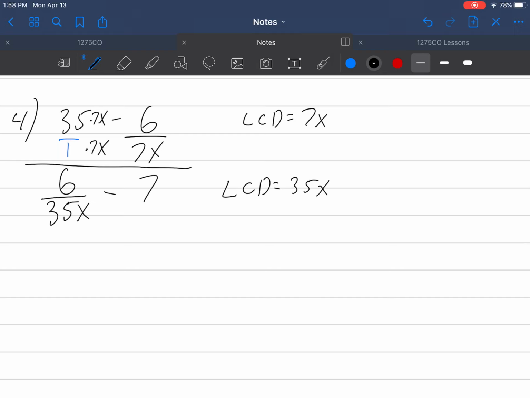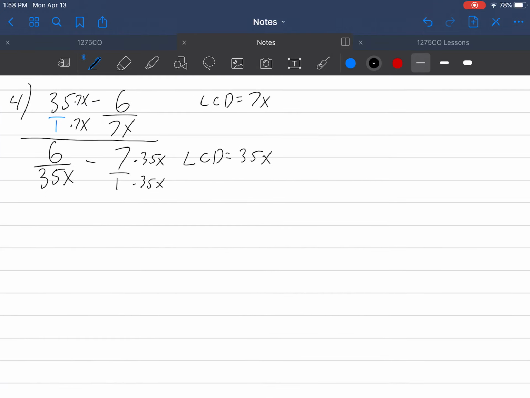On the denominator, I see an LCD of 35x. So 7 over 1, we're going to multiply again top and bottom of this other fraction, 7 over 1, by the complete 35 over x.